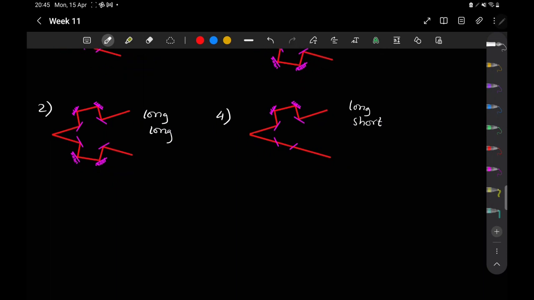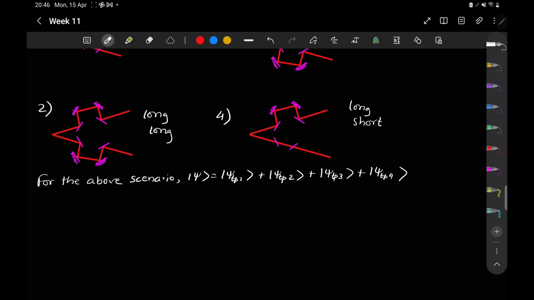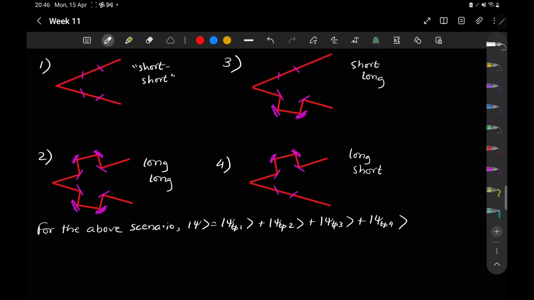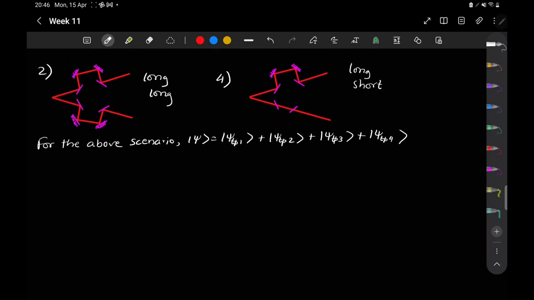Now let us write down the wave function for this scenario. So wave function will have contributions from each of these 4 paths, and each of these wave functions can be written as follows.